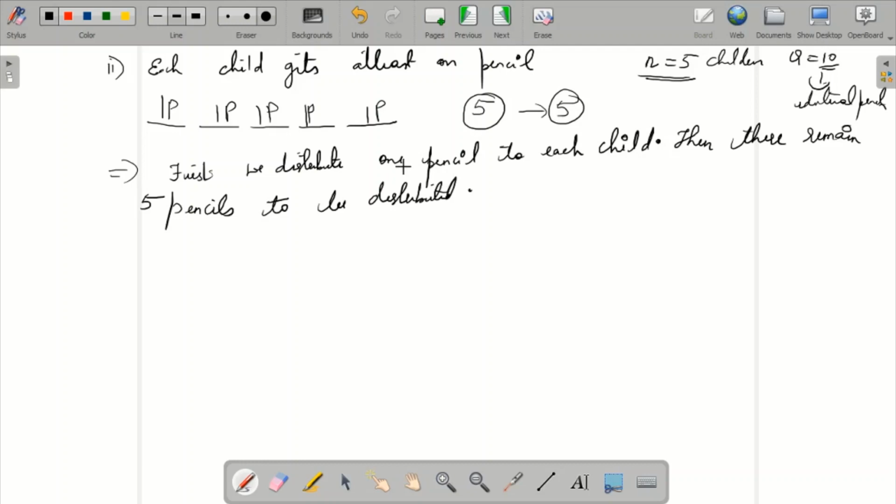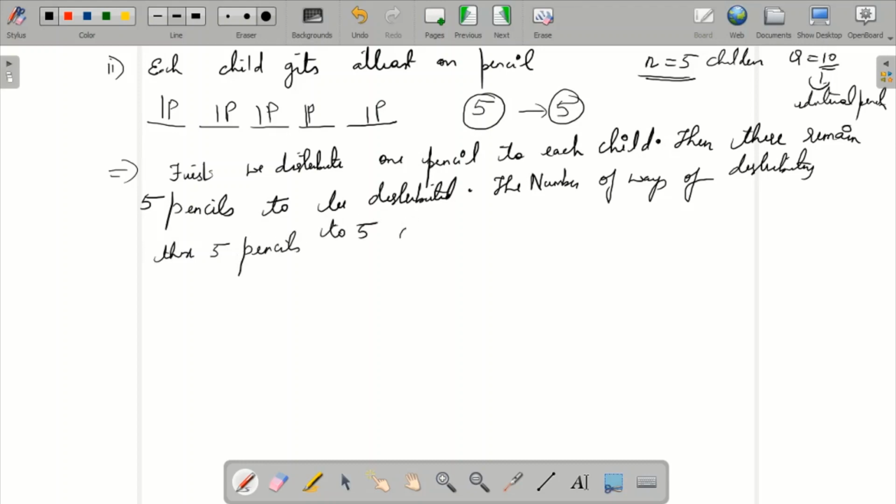The number of ways of distributing these 5 pencils to 5 children is the required number.